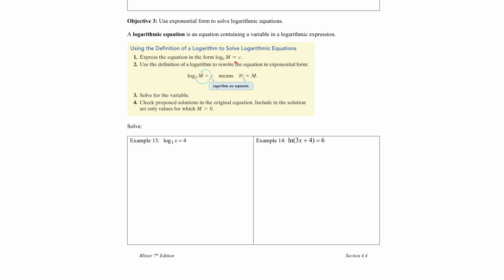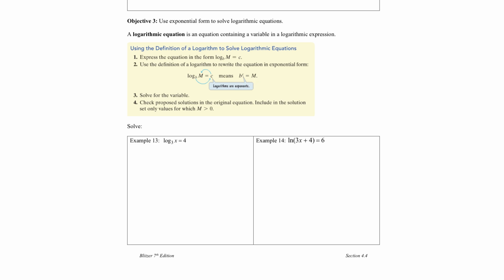So, the first few examples that we're going to do are already going to be in this form, and then we'll see that we might have to do a bit of work first in order to create this form.